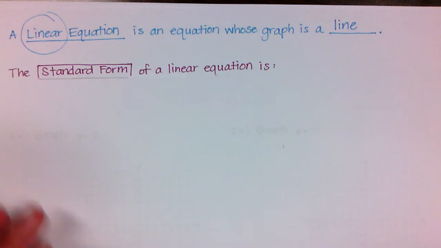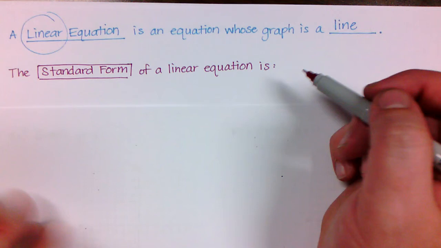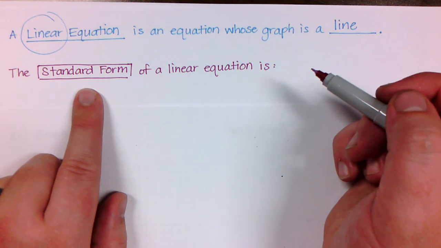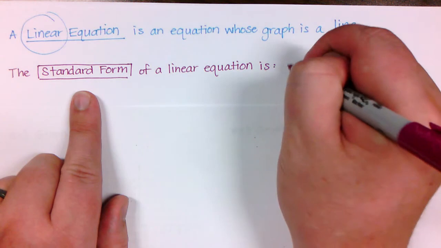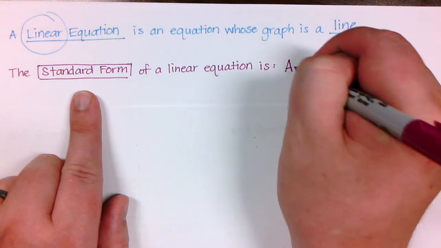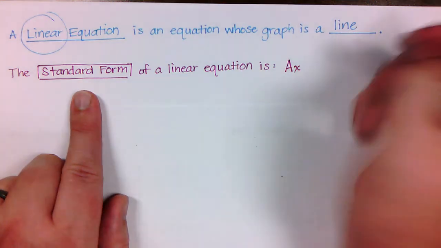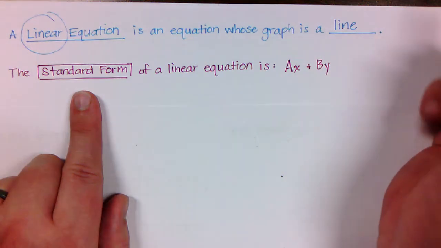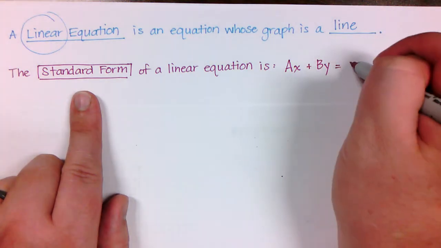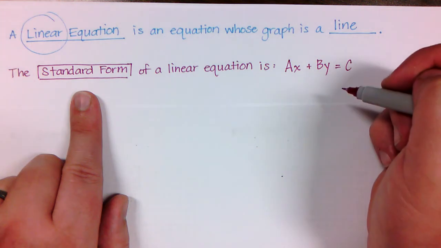Okay. Equations can be written in different forms. We're going to, in this lesson, be talking about the standard form of a linear equation. And it's just rearranging the equation so that it looks like some number, a, times the variable x, plus some other number, b, times the variable y, is equal to some other number, c.